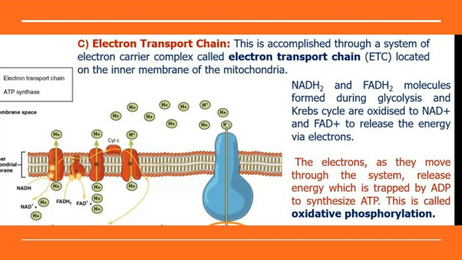NADH2 and FADH2 molecules formed during glycolysis and the Krebs cycle are oxidized to NAD plus and FAD plus to release electrons, and these electrons move through the system and release energy that is trapped by ADP to synthesize ATP. It is called oxidative phosphorylation. In this process, oxygen, the ultimate acceptor of electrons, gets reduced to water.